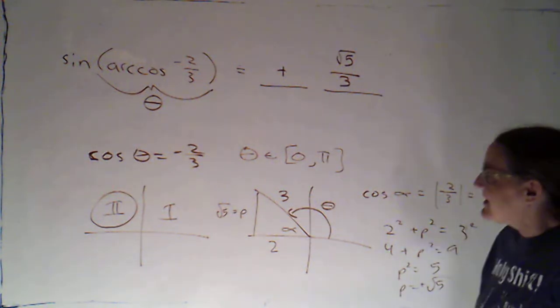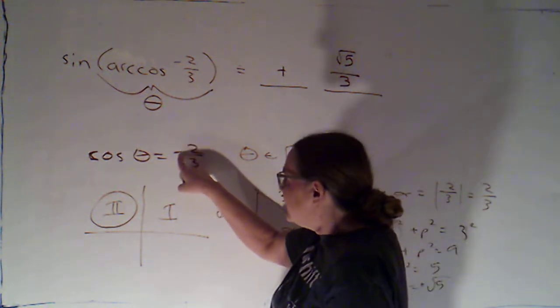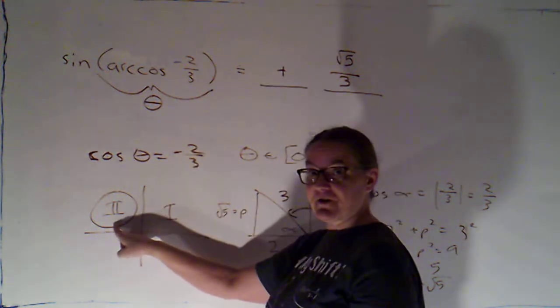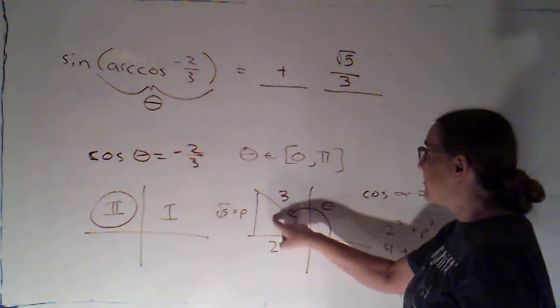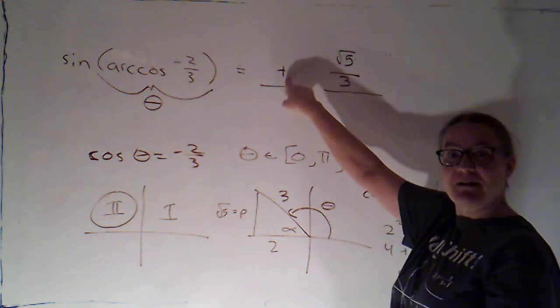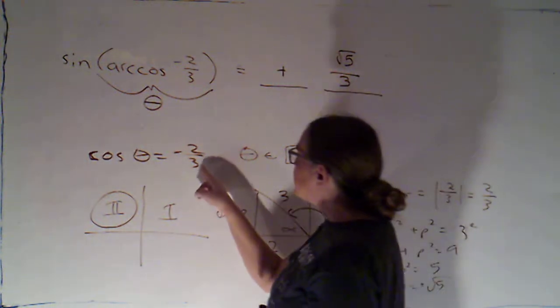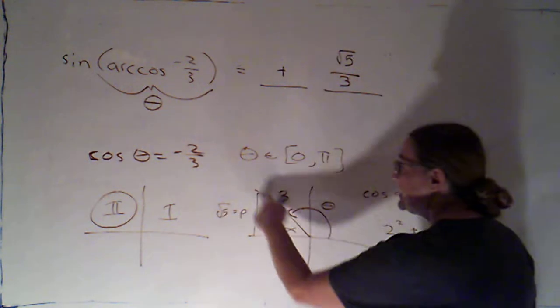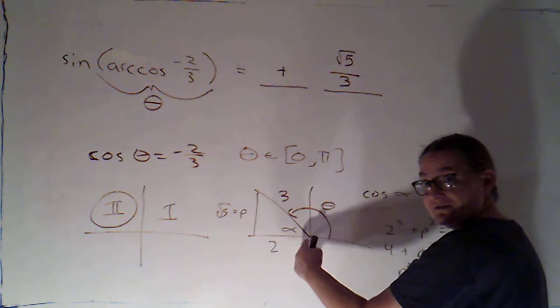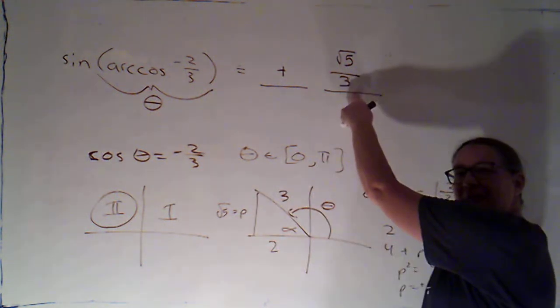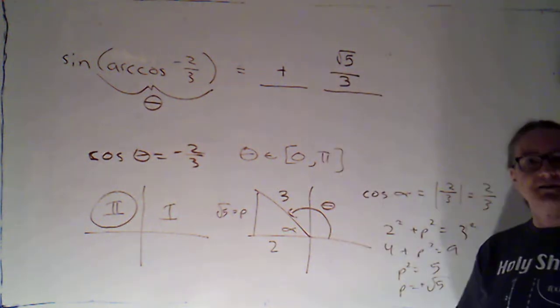So notice I used the sign to get the quadrant when I was working with the inverse trig. Then I used the quadrant to get the sign when I was evaluating the trig function. I used the absolute value to label the triangle. I used the triangle to get the absolute value that I attached to that positive sign.